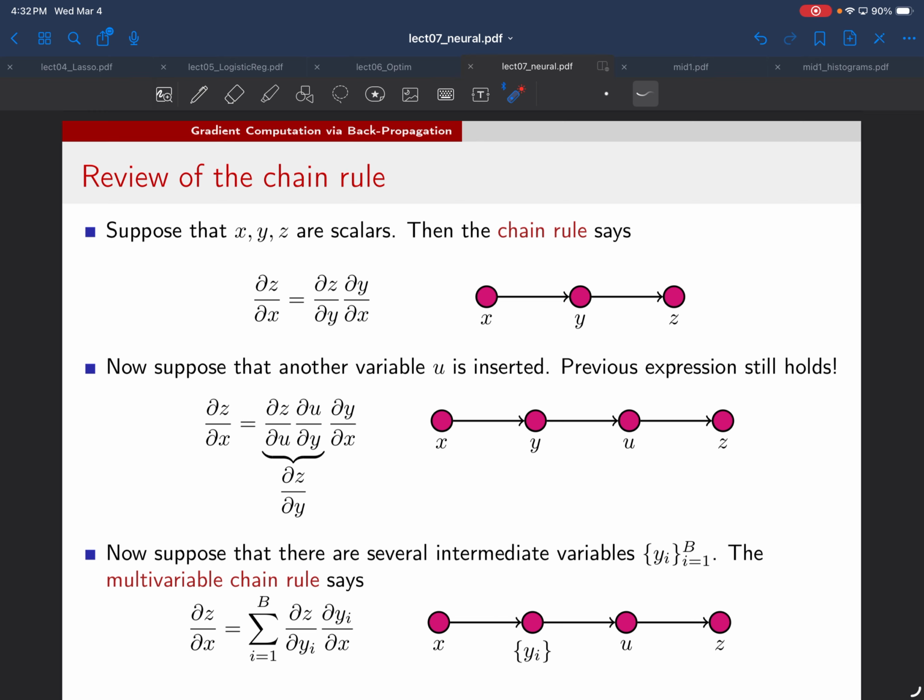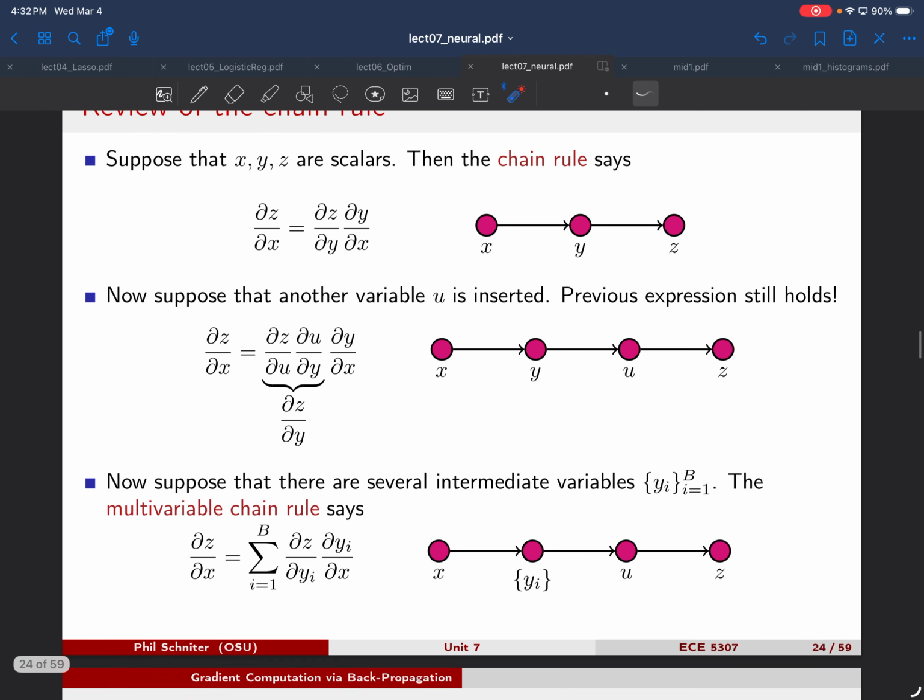So this is all in the case where these are all scalars, and the computation graph looks like that. Now, as we know, in our neural network training, we often have the case where there are several variables together at one of these nodes, maybe because we have several variables in a mini batch, or maybe because this is a vector valued quantity. So in that case, we have a picture like this, and when I'm writing the curly braces here, I'm really saying that there's actually a collection of variables here.